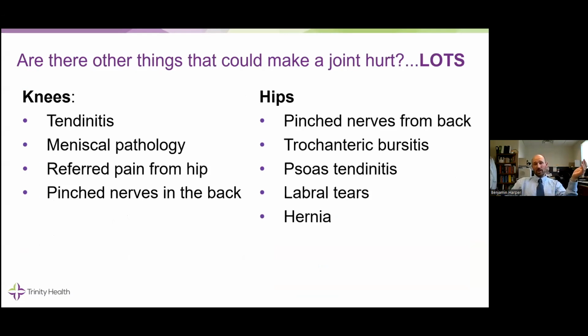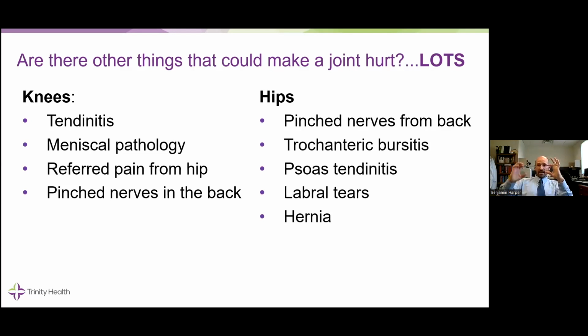But if you're sitting at home and you have knee or hip pain, are there other things that can cause knee and hip pain? The answer is yes, there are a lot of things that can cause knee and hip pain, and that's what makes it a little complicated. On knees, you can have different tendonitis conditions. The most common are patellar tendonitis, hamstring tendonitis, and the iliotibial band on the outside of the leg. There's a meniscus inside the knee, which is a C-shaped cartilage.